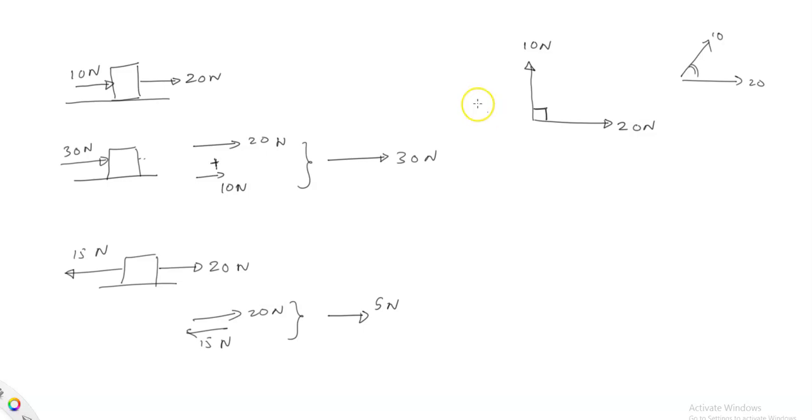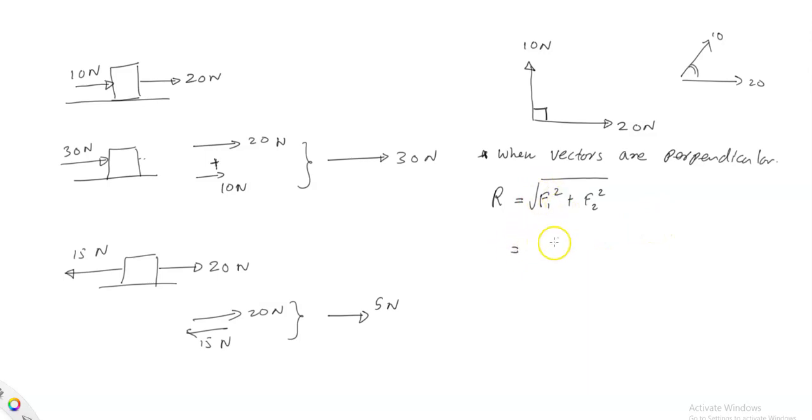So in a special case like this, when vectors are perpendicular, for the resultant, we use the letter R. Resultant is equal to the square root of the square of the first vector, let's say force 1, plus the square of the second one.